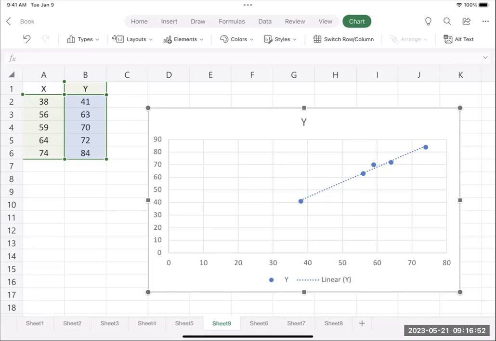It's going to get us to the same place. Okay, I'm going to share my screen.